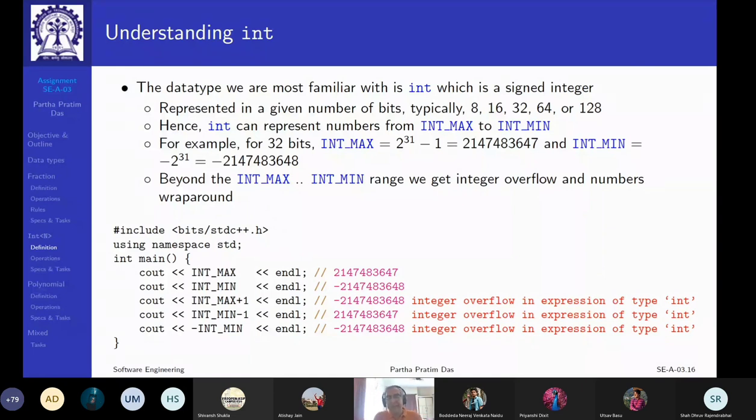In 32 bits, int max is 2 to the power 31 minus 1 and int min is minus 2 to the power 31. Int max is 1 less because 0 is counted on the positive side. If you just try it out on a 32-bit machine, this is what you'll see: int max is this number, 2 to the power 31 minus 1, and this is minus 2 to the power 31.